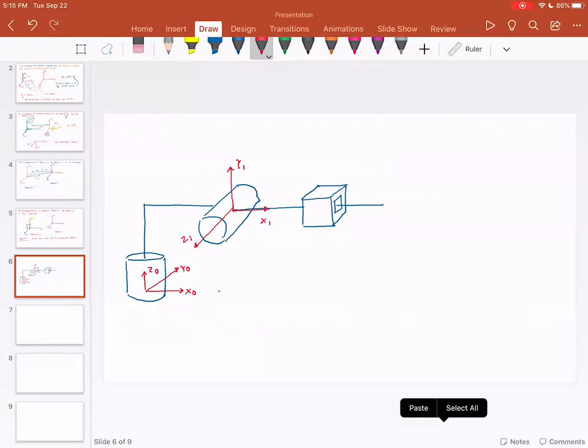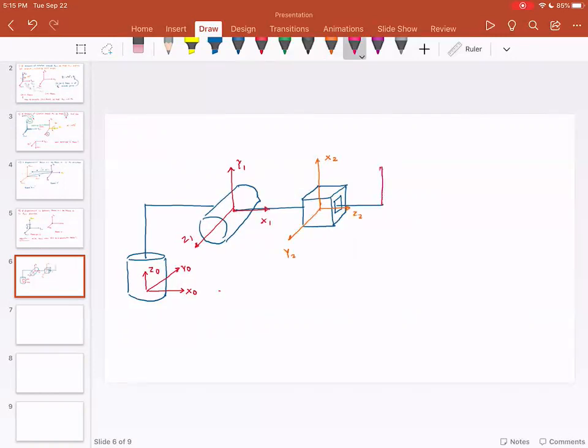Then I have X2, Y2, Z2, and say here I have again X3. This is the end effector. I have X3, Y3, Z3.